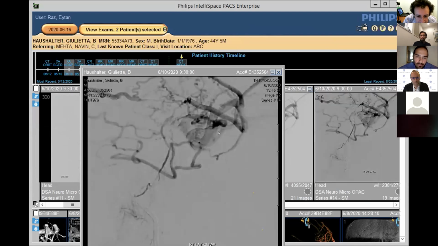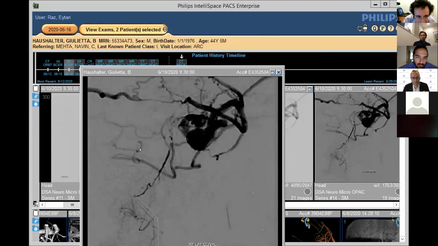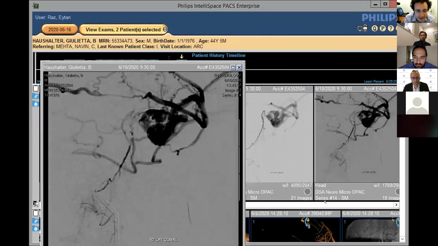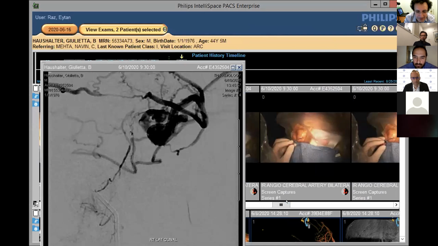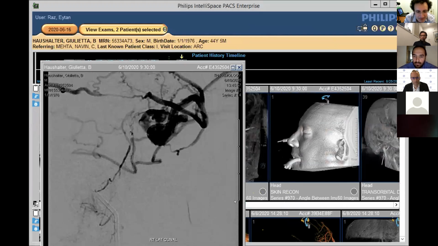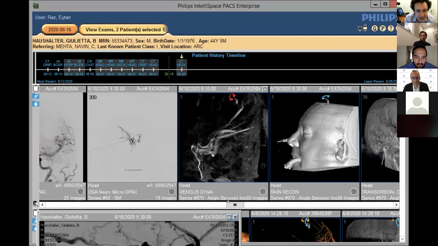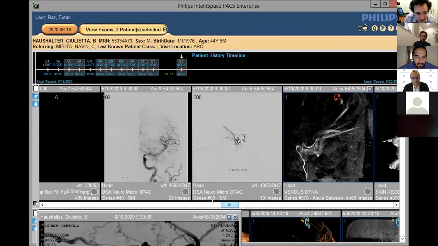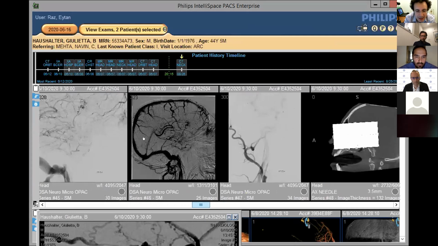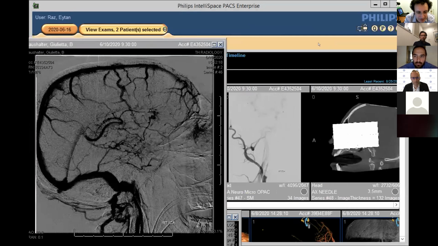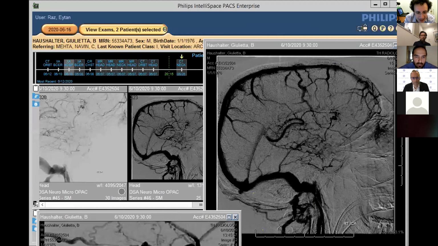I think also the anatomical point that I just want to mention is, and we've seen this time and again with cavernous sinus fistulas, and I'm sure those of you that have seen a lot of them know this very well, the size of the vein is not related to the size of the symptoms, right? The guy probably had a bigger SOV at some point, and now it's either thrombosing or closing down. And so he presents with ocular symptoms. He has a significant proptosis. He has engorged veins there.